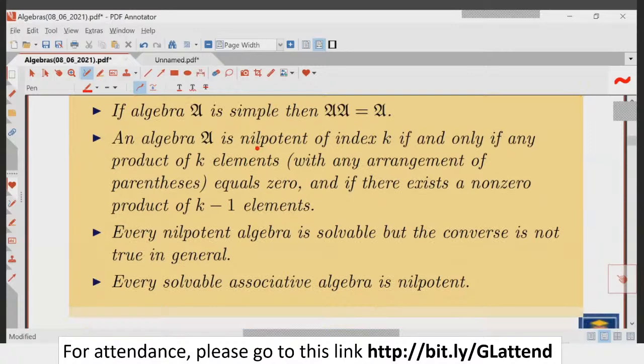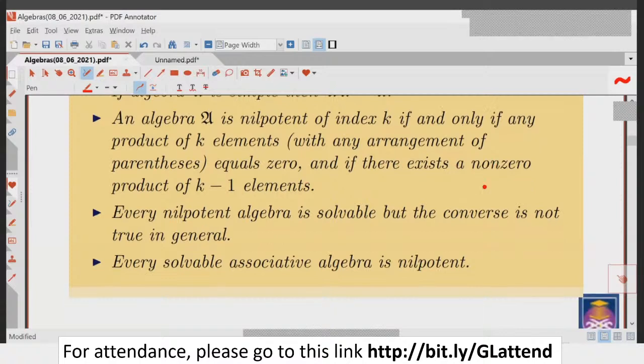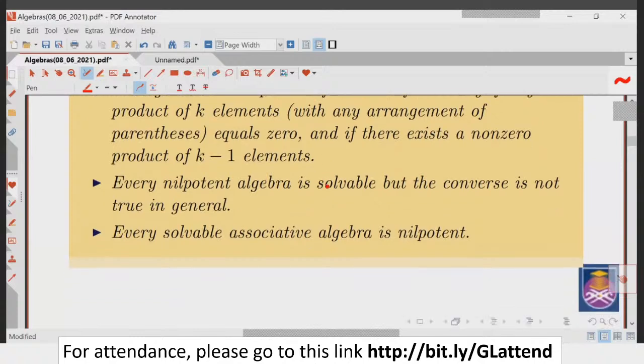If an algebra is nilpotent of index of nilpotency k, then the product of any k elements with any arrangement of parentheses equals 0. And there exists some product with k minus 1 factors which is not 0. So that is nilpotency.